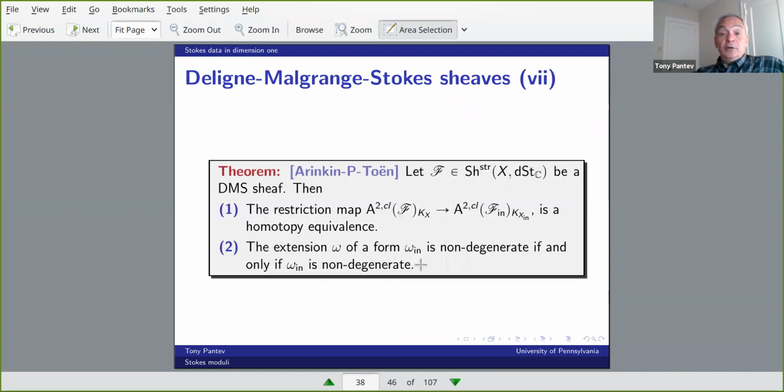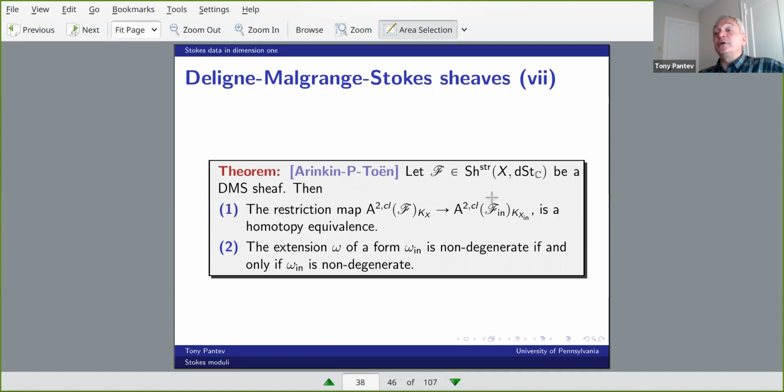Okay, so here is the theorem. If you have one of these Deligne-Lagrange Stokes sheaves, then if you look at closed two forms with values in the dualizing sheaf on the surface, and restrict those to the inner stratum, the blue guy, then first of all, this restriction is a homotopy equivalence.